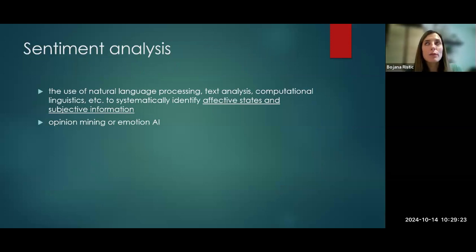And this refers to the use of all kinds of algorithms, natural language processing, and machine learning that uses both text analysis, computational linguistics, etc., to systematically, because everything has to be systematic when we're talking about artificial intelligence, right? You input the parameters and train the model to identify the affective states and subjective information.